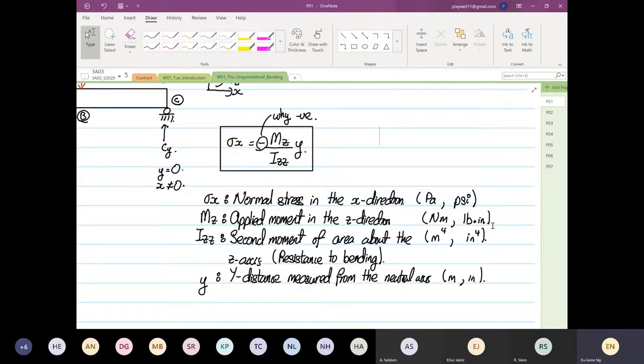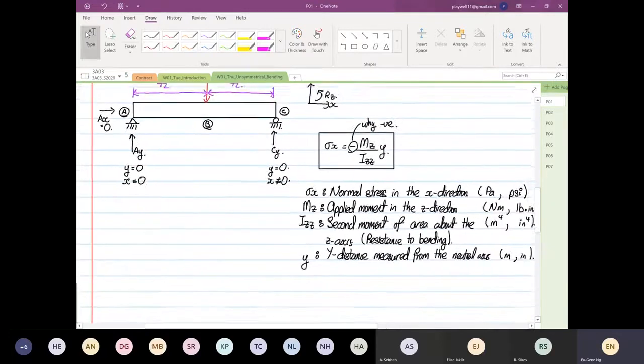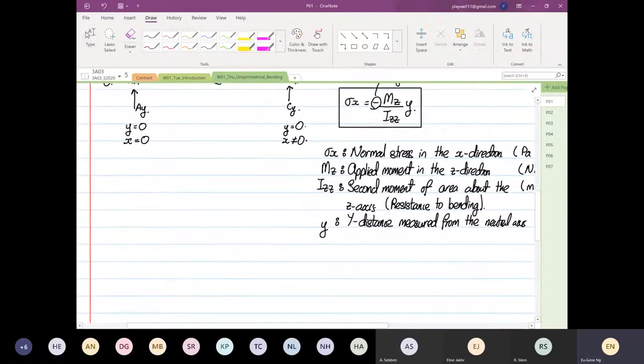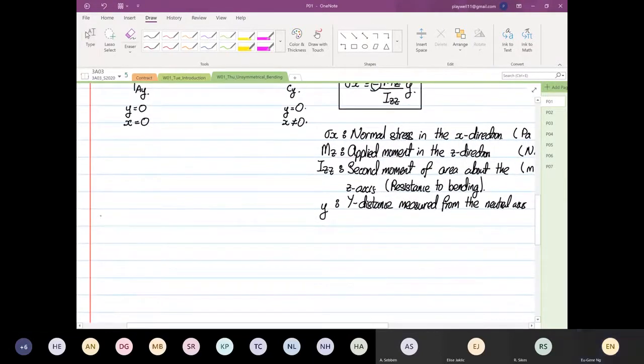Okay, so the next thing that I want to draw over here is we like to sketch out the deformation pattern. Okay, let's look at the deformation pattern.